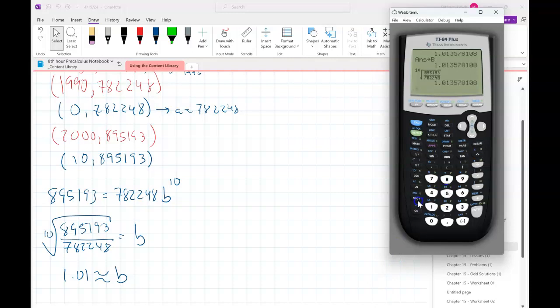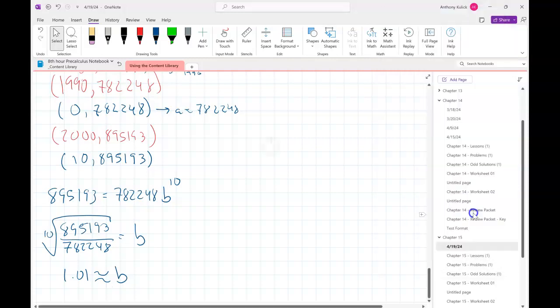So the way to do that is we're going to use the STO button, which is right above the on button. So the answer is just whatever this last number was. And I'm going to store that into the letter b because that was the letter in my equation. Don't use x, whatever you do. Oops, I missed the equal sign. So there, that's me storing it as b.